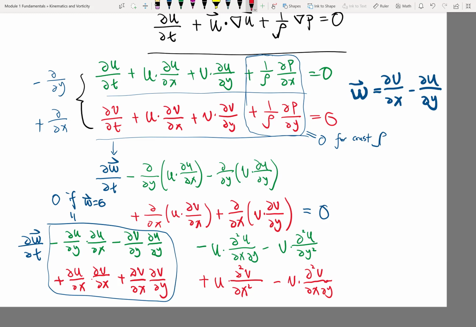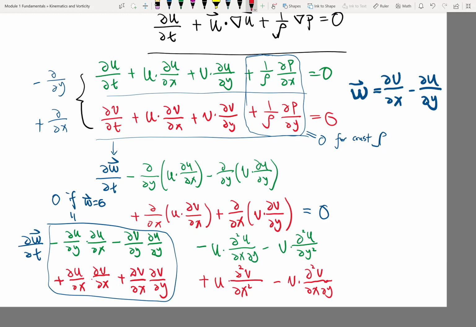If you look at the u term, what we get is u times the x derivative of vorticity. If you pull out the d/dx term, what remains is u times d/dx of parentheses dv/dx minus du/dy, right? How about this?